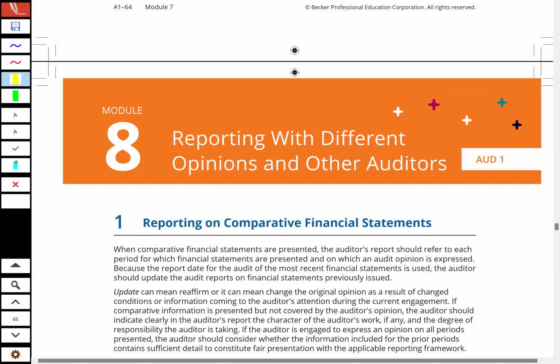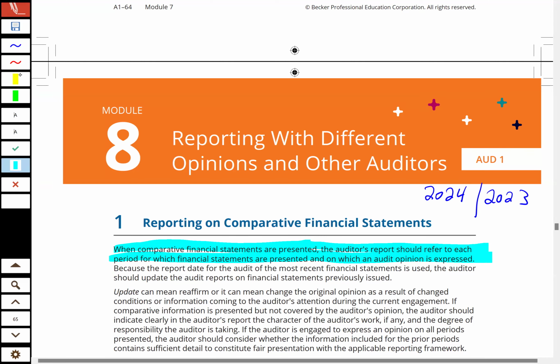And so we take a look and we say, when comparative financial statements are presented. Again, comparative financial statements are a situation where we would show 2024 and 2023, often in column format right next to each other for comparative purposes. The auditor's report should refer to each period for which the financial statements are presented and on which an opinion has been expressed. We're going to call out both years in the report.